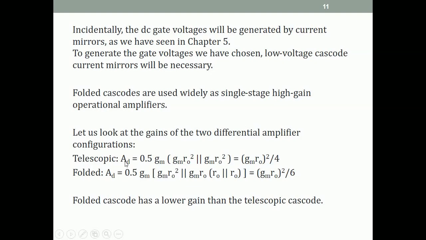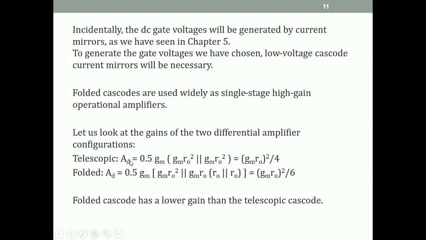For the telescopic cascode, the differential mode gain is half, because it's differential mode, gm times the output resistance, which is gmro squared parallel gmro squared. I'm doing an order of magnitude calculation, assuming all the gms and all the ros are equal. This is just to get a qualitative picture. In real circuits they are hardly ever equal, but it gives us an order of magnitude idea.